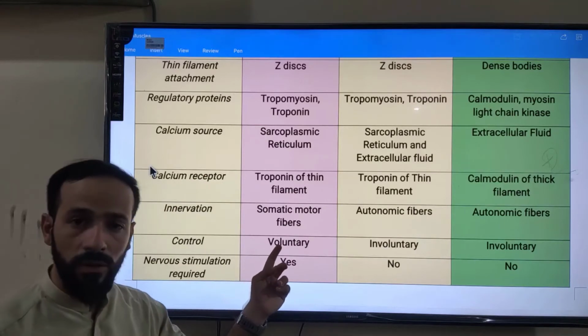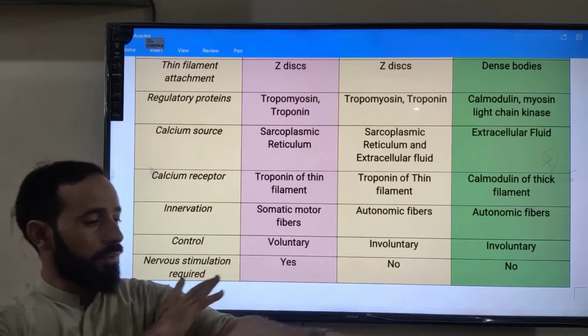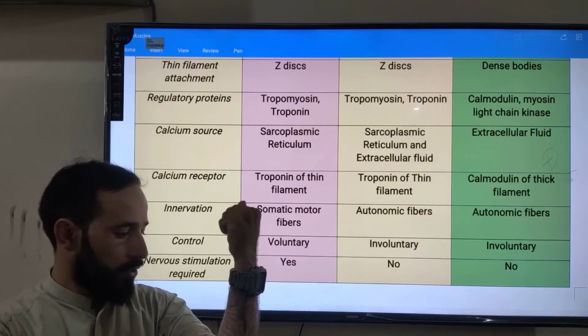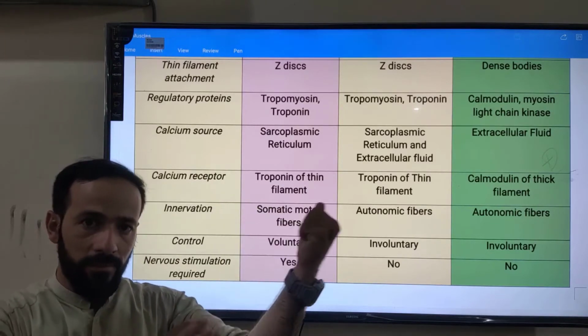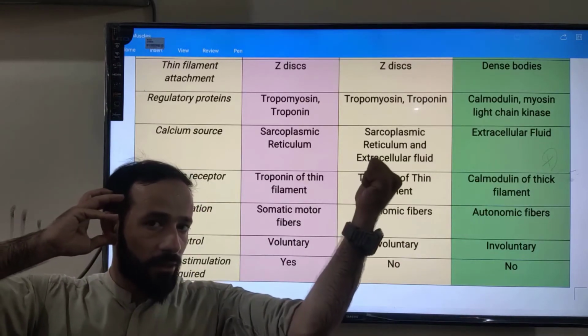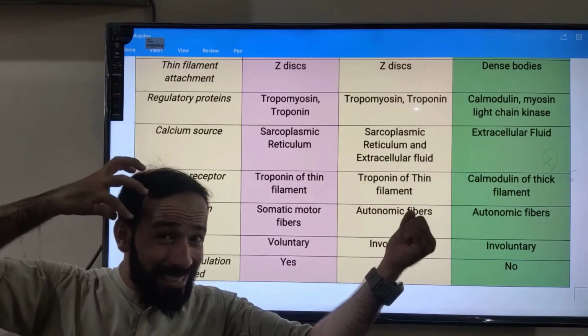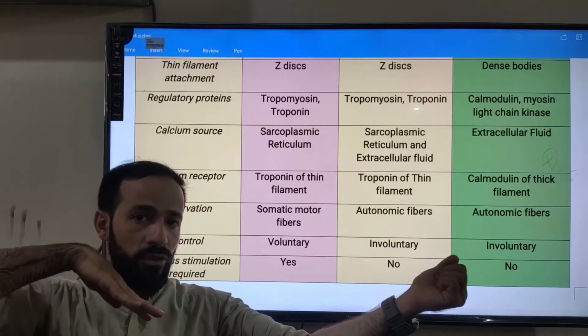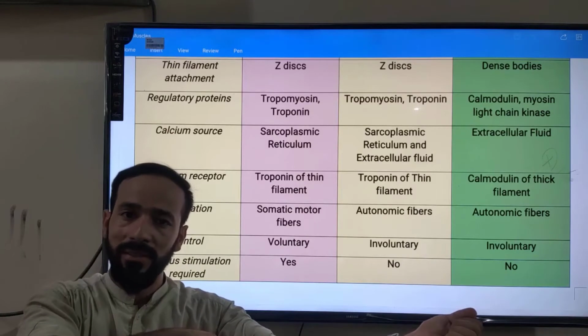But in case of your skeletal muscle, if I want to raise my hand like this, I have to use my bicep muscle. I have made the decision in my brain that I am going to raise my hand. When I made the decision, motor stimulation came through motor fibers to the bicep muscle.